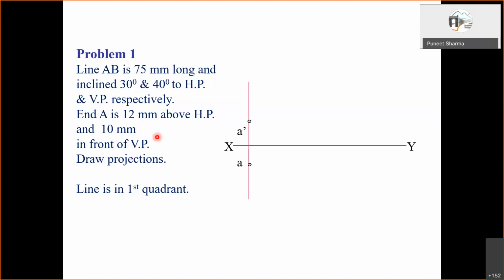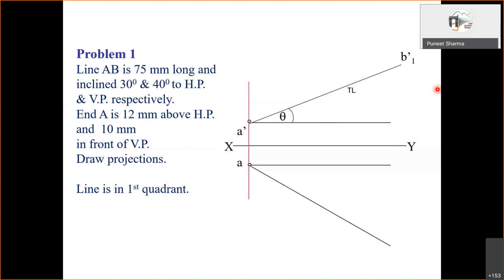So what we will do, we'll assume the line parallel to one of the planes first and parallel to the other plane second. So like that we'll proceed. First of all, assume parallel to the vertical plane, then we obtain B1 dash. True length 75 mm, inclination 30 degrees. Consider B1 dash located.